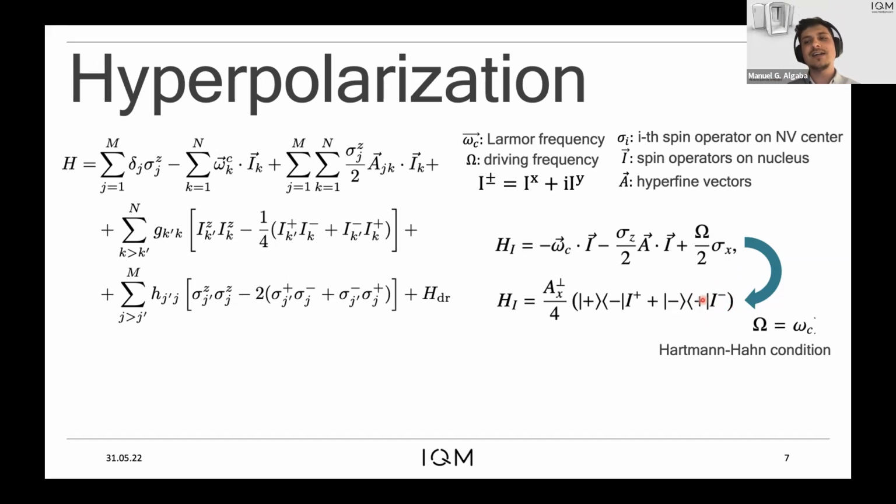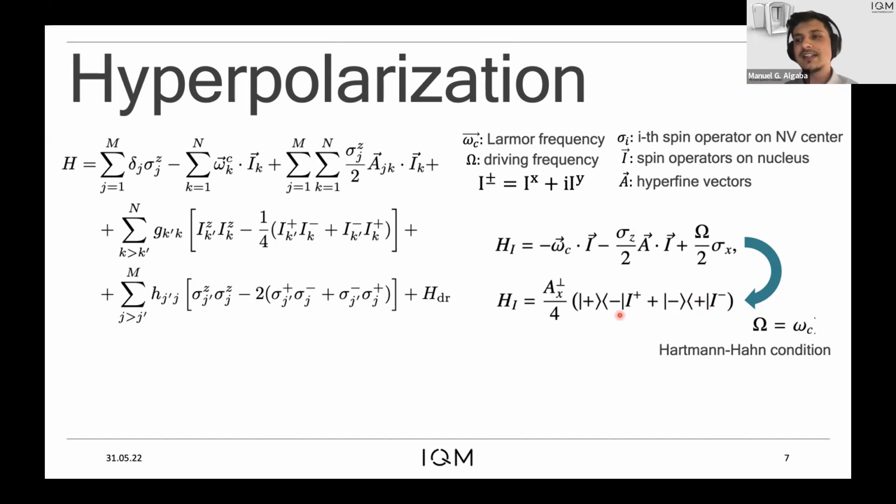So at the end, you are seeing that if you put in a plus state, the natural Hamiltonian you are studying in this system will create some magnetization in your nucleus. This way we can use the driving field to spread the magnetization that is present in the plus state of the NV center.